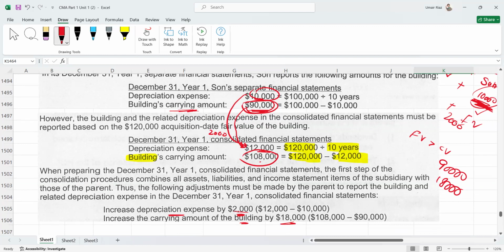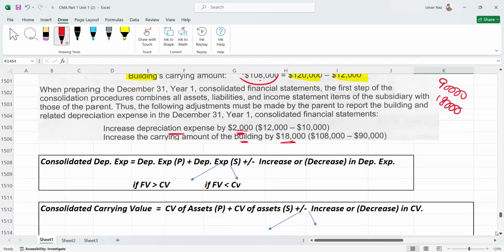Now, in simple words, guys, what I have said, you have to follow. Number one, whenever you are calculating consolidated depreciation expense, first of all, you have to take depreciation expense from the parent income statement, plus you have to take depreciation expense from the subsidiary's income statement. These you have already added.